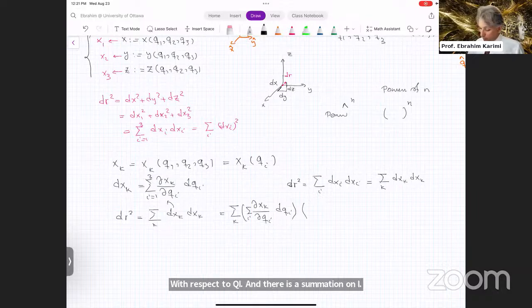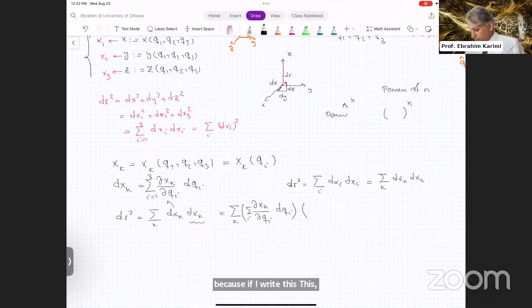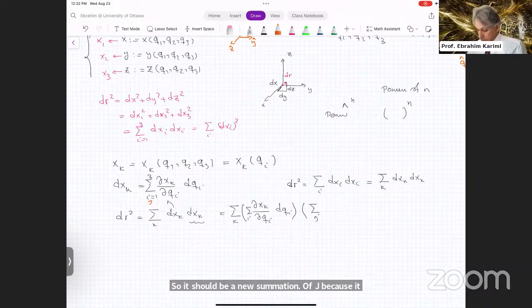For the second one, I'm not using the index i, because if I write this, the summation will be mixed up. So it should be a new summation index j, because it doesn't matter here; I can write j, and j and j is the same.